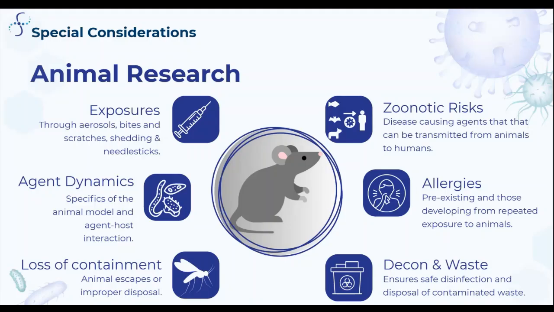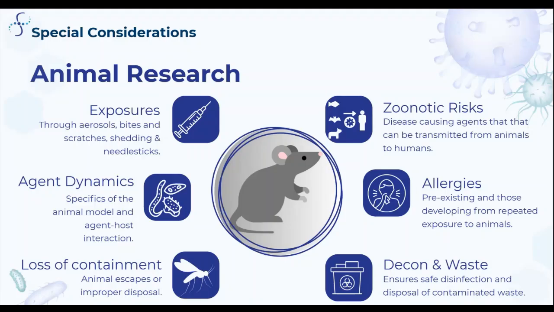Zoonotic diseases, those that can be transmitted from animals to humans, must be evaluated carefully, especially if working with non-human primates, rodents, or livestock. We also account for allergy risks, particularly to animal dander, urine, or bedding materials, which can develop or worsen over time. A potential loss of containment, such as an escaped animal, may lead to unintended exposure or environmental release.